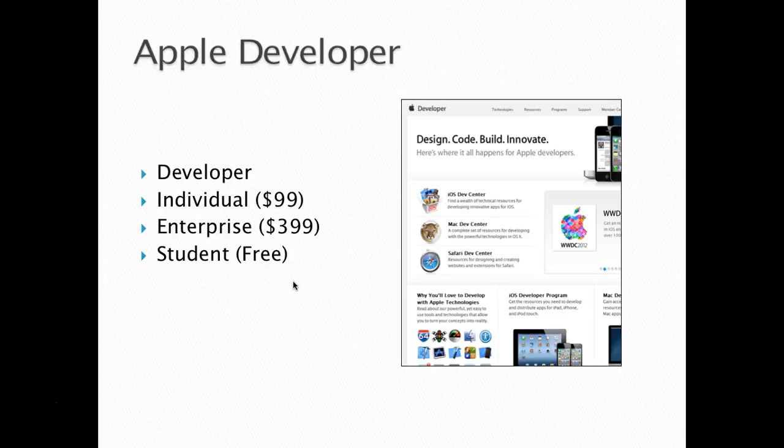And so Fox Valley Tech is a student Apple developer center, so that students have the ability to publish certs, do things, create provisioning profiles, and you're going to learn all about that later on. But basically, you will be able to get code onto your phone. You won't be able to get it out into the App Store, but you will be able to get the code onto your phone.